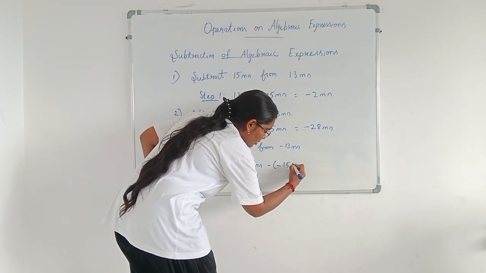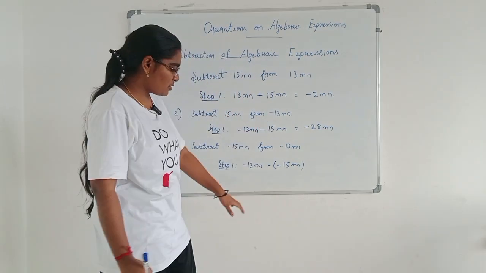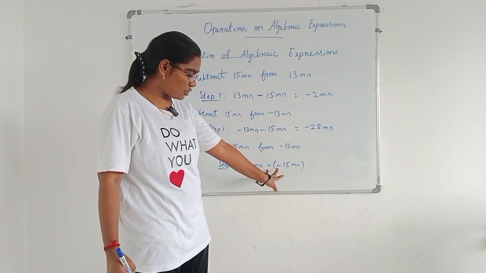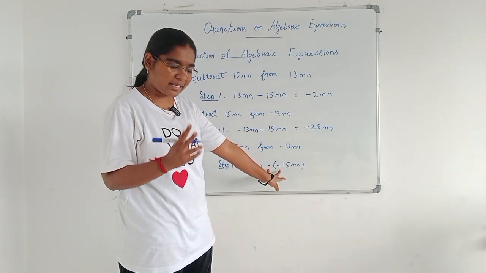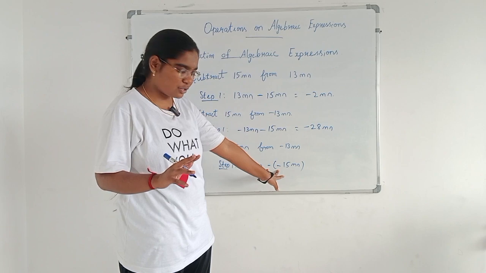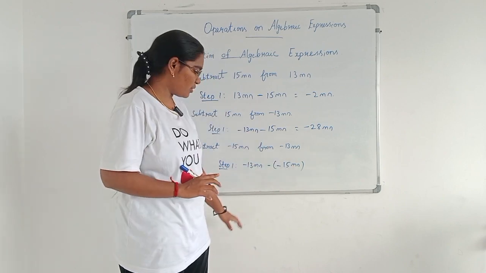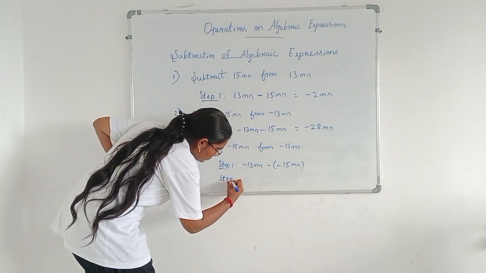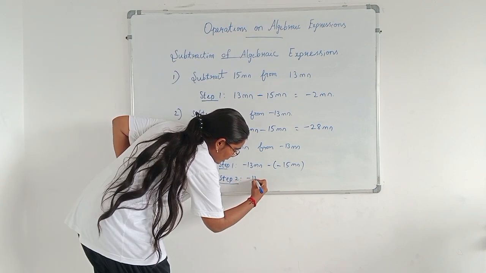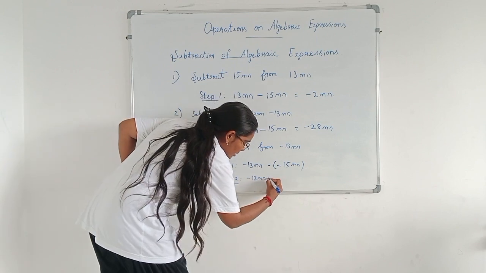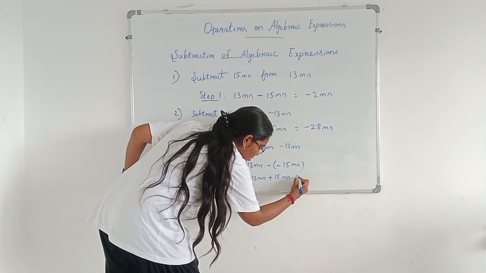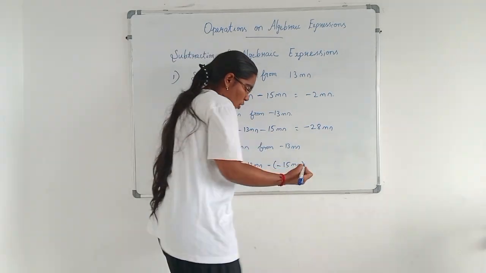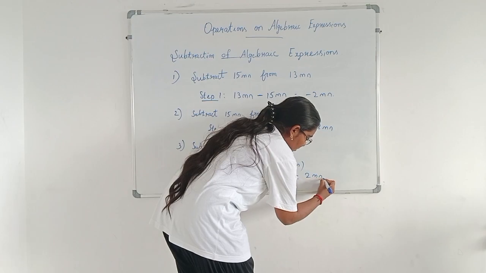Within brackets you have to write this minus 15mn, because you are facing two signs here, two subtraction signs or two different signs or two similar signs. So you have to put the brackets. In step 2, minus 13mn, minus into minus is plus 15mn. So minus 13mn plus 15mn, what will you get? Obviously the answer is 2mn.